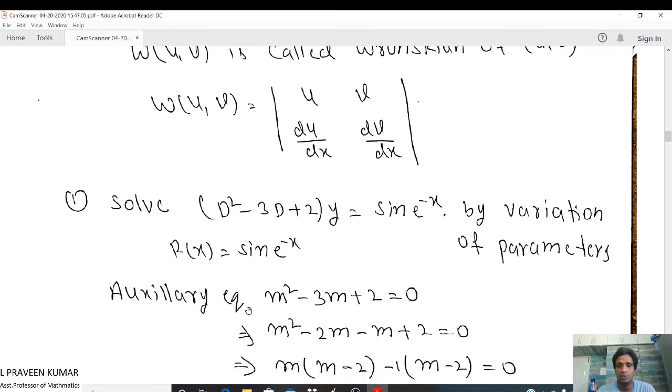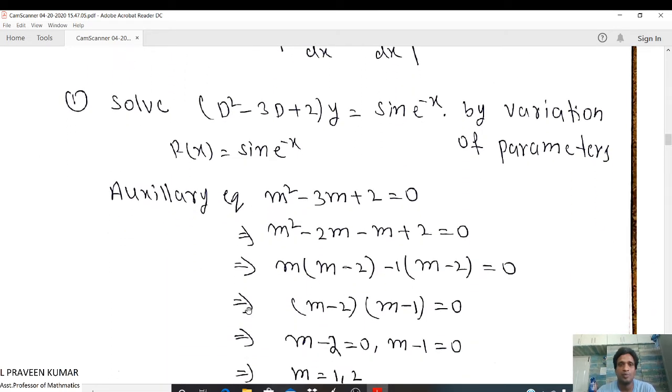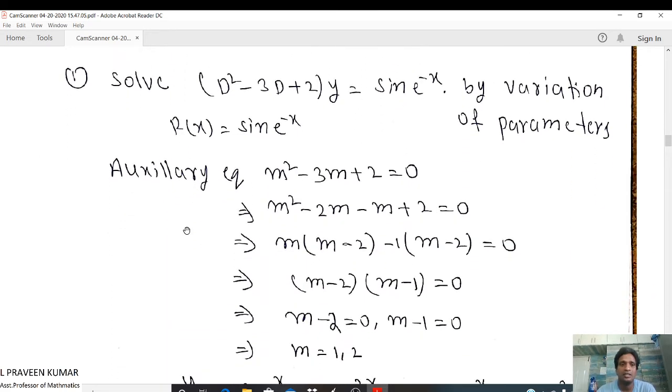Now we go to the first problem. Generally in the examination, they specify the method in which you want to solve. Like this: solve d square minus 3d plus 2 into y is equal to sine e power minus x by variation of parameters.